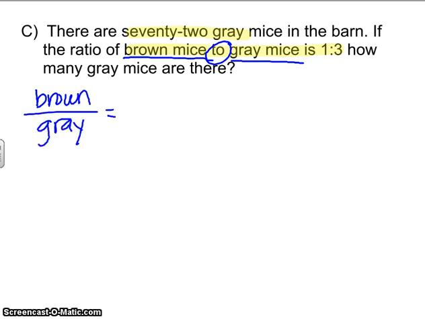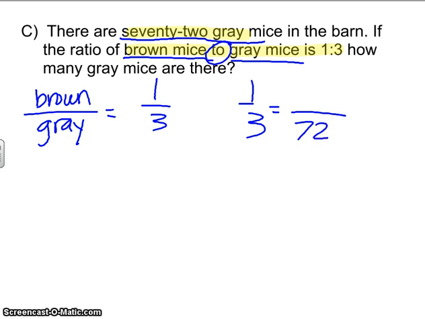Brown to gray is 1 to 3. So use the ratio I'm given to find out the unknown. What other piece of information do I know here? I know there are 72 gray mice. For my proportion, is 72 going to go on top or bottom? Bottom, because gray is on the bottom, and put your variable. I'm going to use m on top.